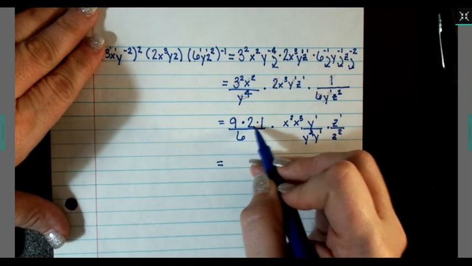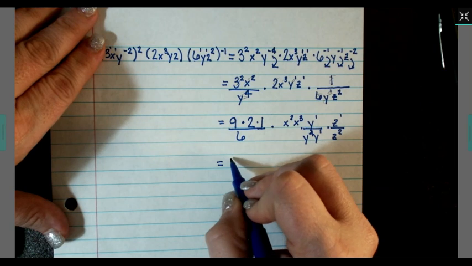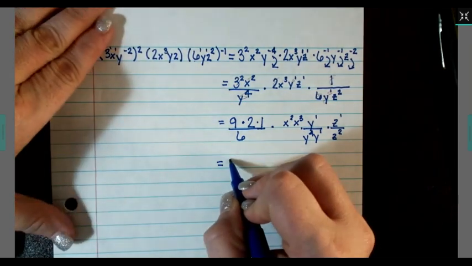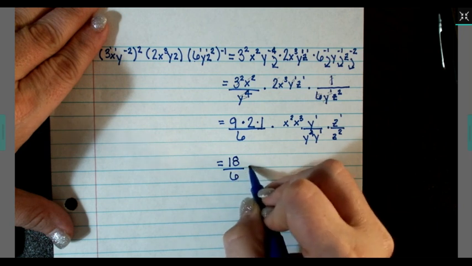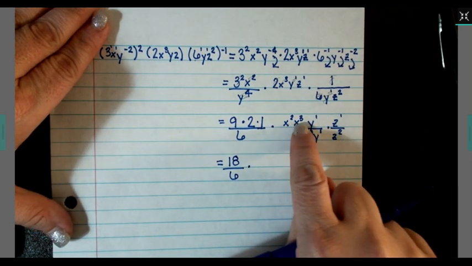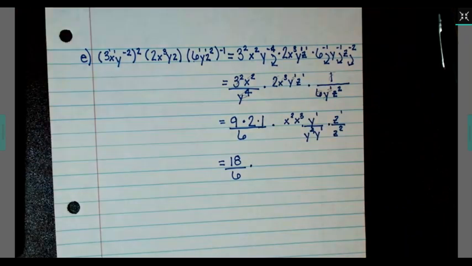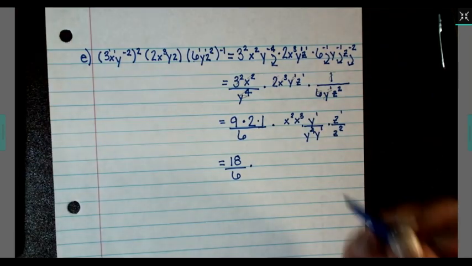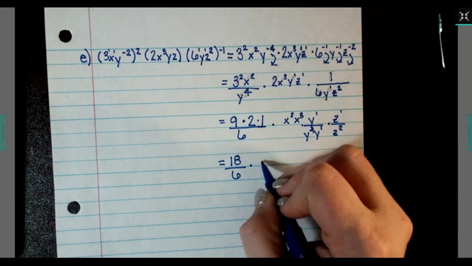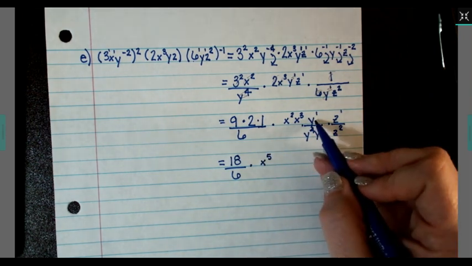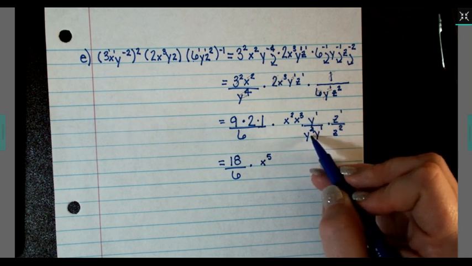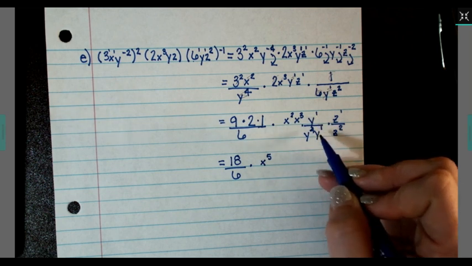What is 9 times 2 times 1? 9 times 2 is 18. 18 times 1 is 18. So we got 18 over 6. What do I do with these exponents? Since I'm multiplying, I add the exponents. So 2 and 3 is going to make 5. Here, I got 1, 4, and 1.